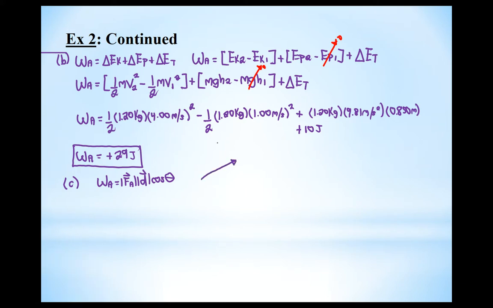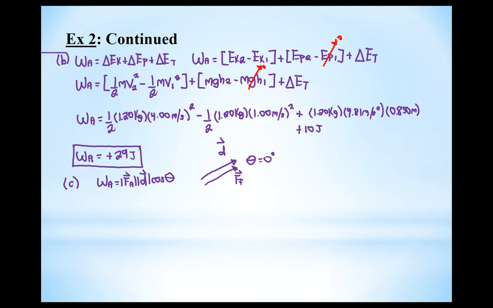Sorry about that. I might need to recalibrate my drawing tablet. It just seems to be acting really funny today. Okay, up and to the right. And then I also have the force of friction that points in the same direction. That's FF. And then theta would be 0 degrees. They both point in the same direction.